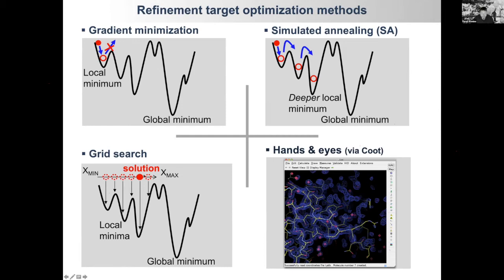You cannot sample the entire space, so you may not get to the global minimum, but you sample the space in some reasonable range in the hope that you get into a deeper minimum. So that's what the grid search is. And by the way, every time you move your structure in Coot, you do pretty much versions of this, but you do it by hand using your eyes and mind.